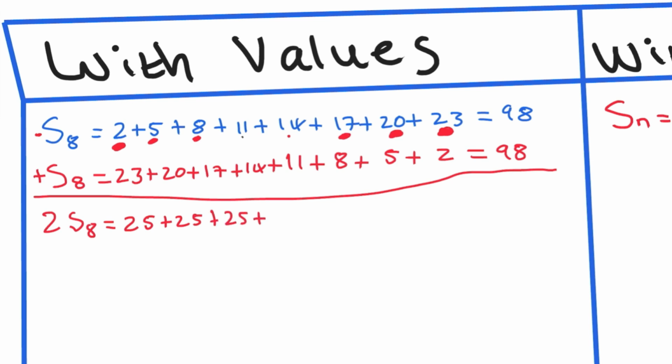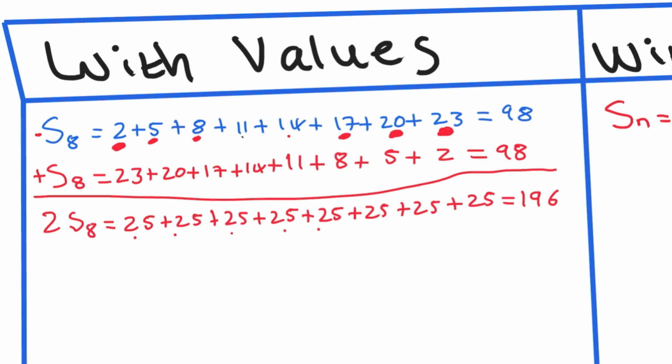You'll realize that every time you add, it is 25. 14 and 11, 25. 17 and 8, 25. 20 and 5, 25. 23 and 2, 25. Now when you add 98 plus 98, you're going to get 196. Clear?